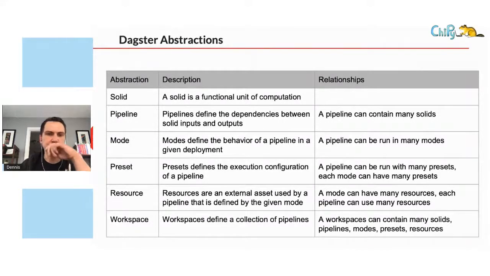So maybe when you're running locally, you're just using a local Dockerized MySQL, or maybe mocked out. And then in production, maybe you're connecting to your actual cloud resources. And then a workspace is just a collection of pipelines that share either some kind of organizational grouping or dependencies between them. Next slide.